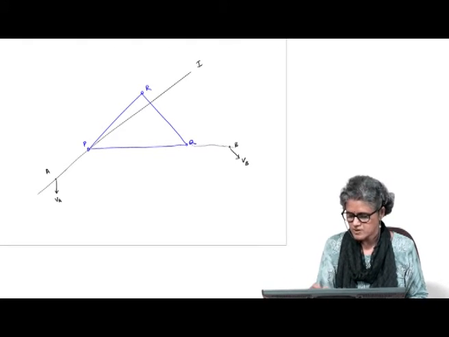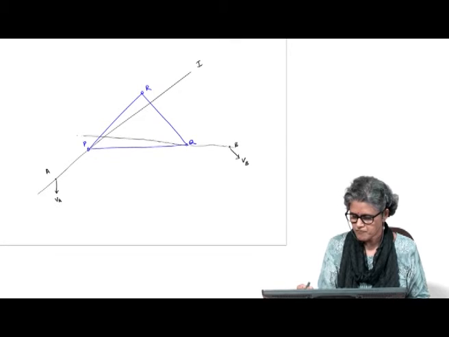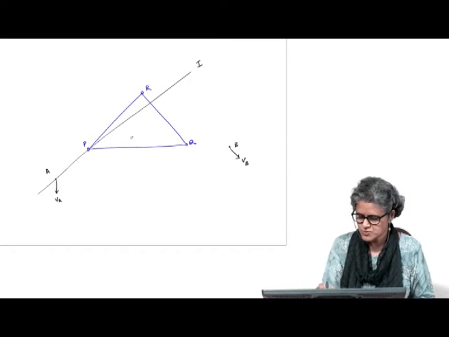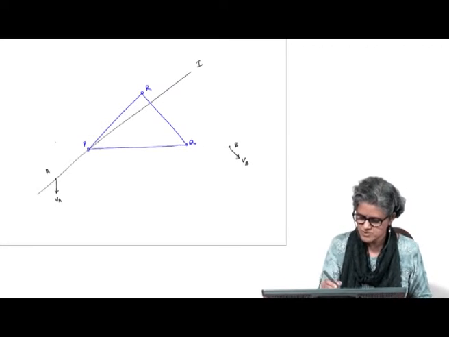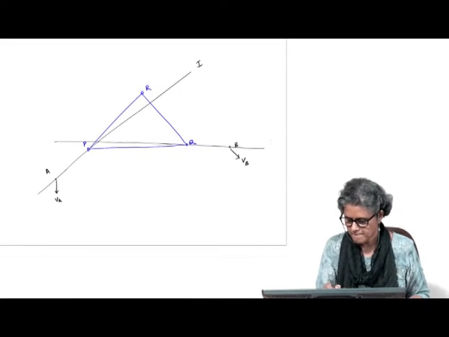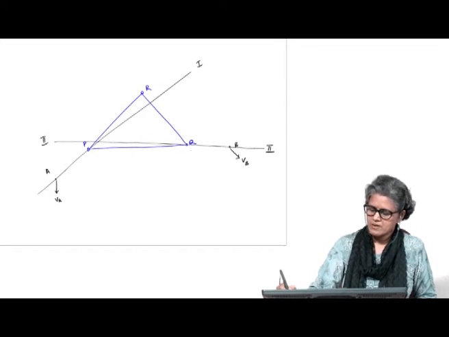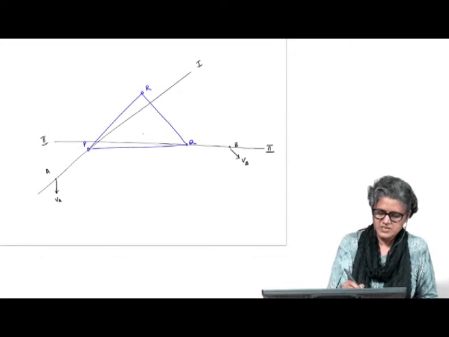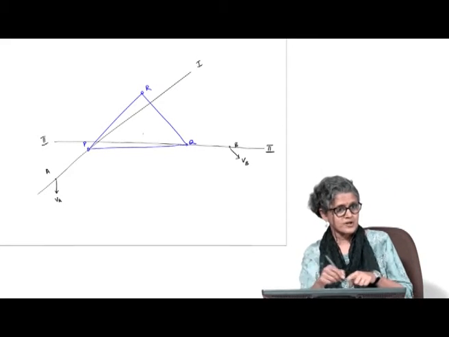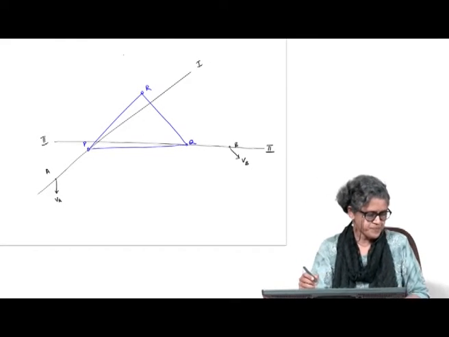So I take another auxiliary line passing through this other motion transfer point for this ternary link.